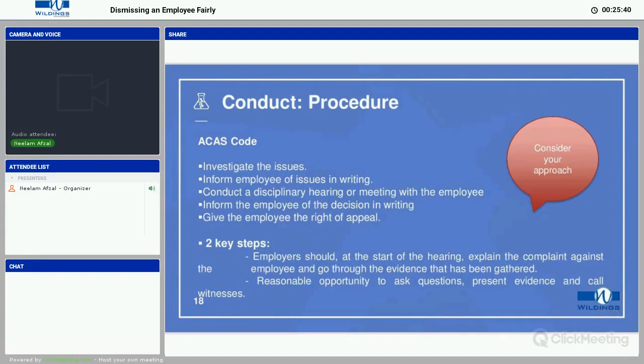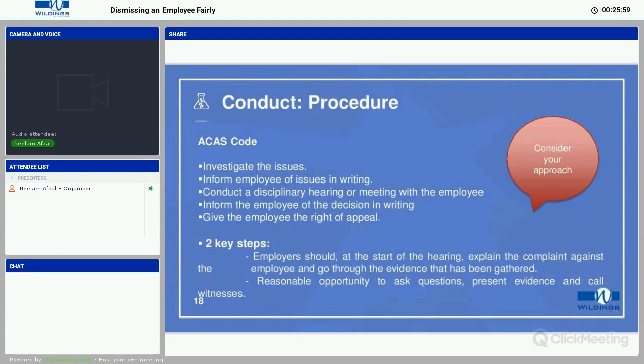There could be a reduction or an increase in compensation from 0 to 25%. Regardless of the compensation element, I would still recommend that you follow the procedure, because if you don't, the outcome could be that the dismissal in itself is unfair.